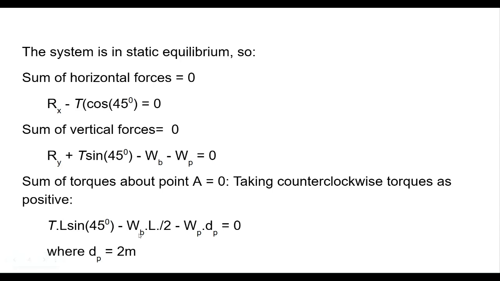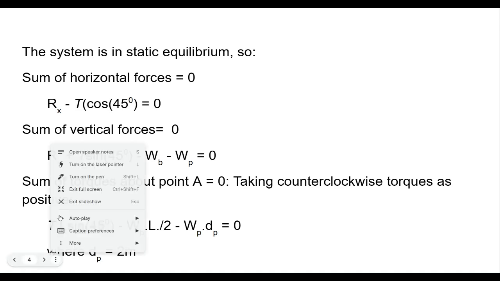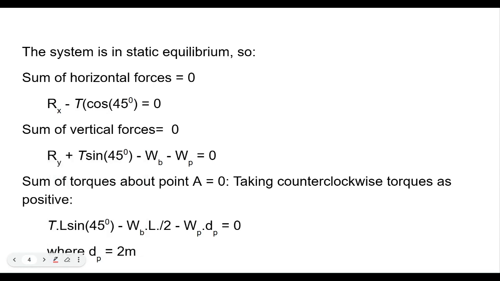Since the system is in static equilibrium, the sum of horizontal forces, that is sigma Fx, is equal to 0. So we are taking Rx minus T cos 45 equal to 0.